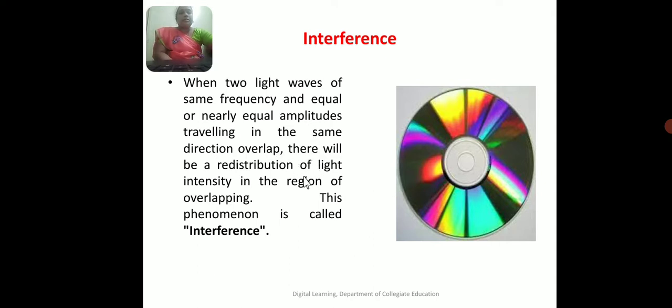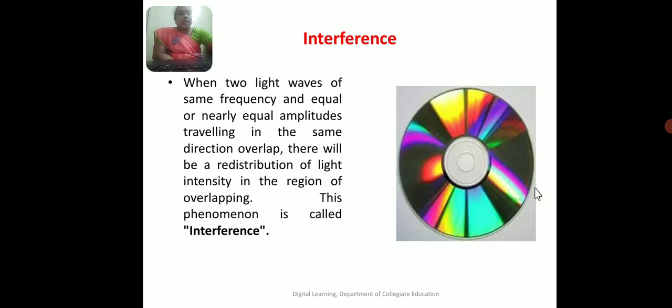Then light is not uniformly distributed; there is a modification in the redistribution of energy. This phenomenon is known as interference.